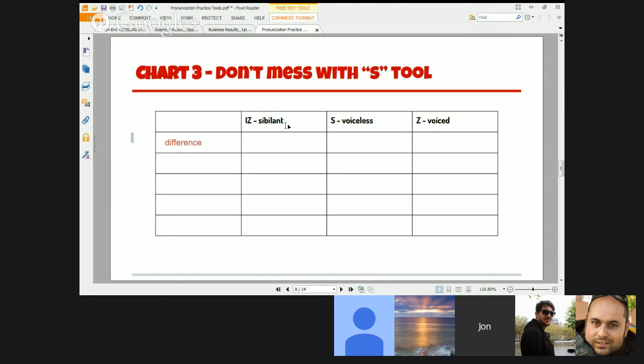The first one is iz. The next one is s. The next one is z. The second one. Difference. But I'm asking you to make the plural. Make the plural. Difference. Yeah. So it goes in the first one.